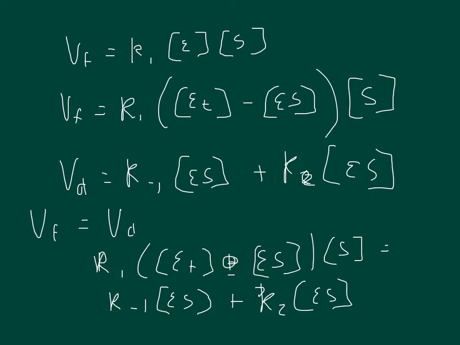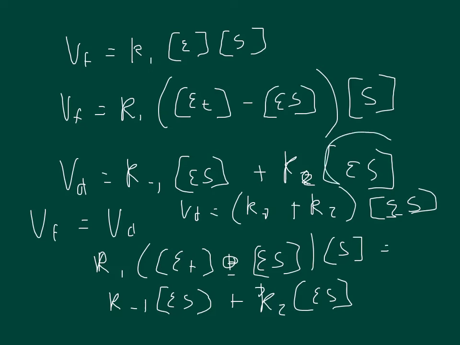Now before I move on any further, I want to note that we can actually rewrite this as the velocity of disappearance is equal to k-1 plus k2 times the enzyme-substrate complex. All I really did was factor out the enzyme-substrate complex.